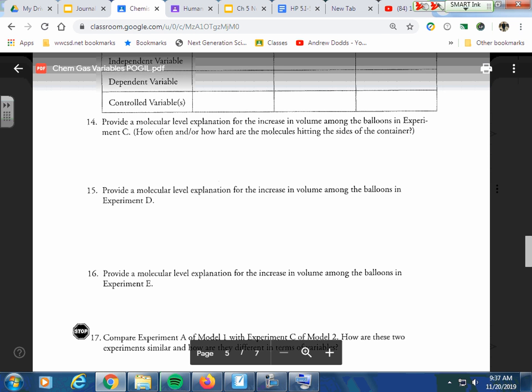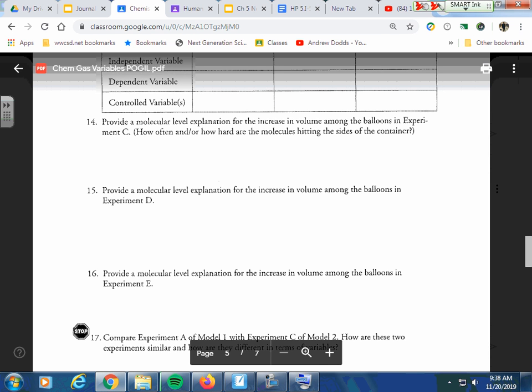Experiment C, what were we doing again? Refresh my memory. We were changing the amount of gas, we were adding gas. Okay, so why would that make sense that the volume would increase? Jerry. Well, volume's the amount of space something takes up, right?